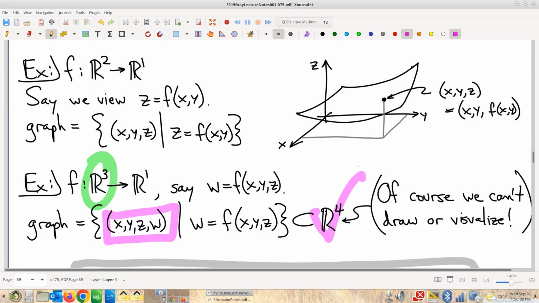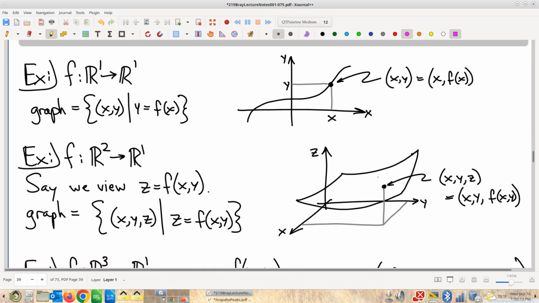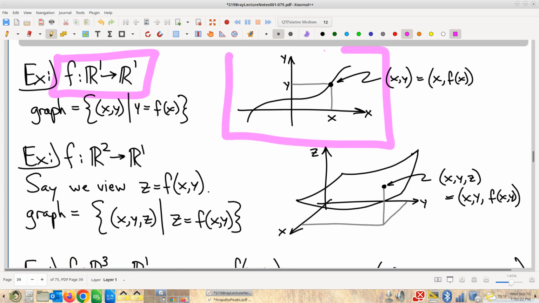Okay, so the good old days of single variable calculus, it's perfect for single variable calculus. In a single variable setting, the graph lives in 2 dimensions, and we have 2-dimensional paper. Right? The graph itself is a 1-dimensional thing because it comes from a 1-dimensional domain, and we have pencils that make one-dimensional curves.